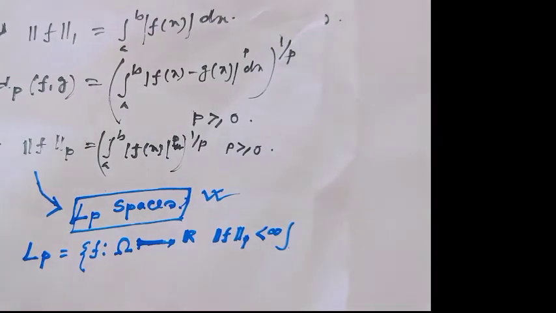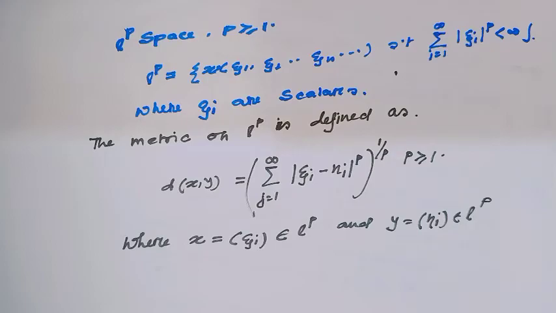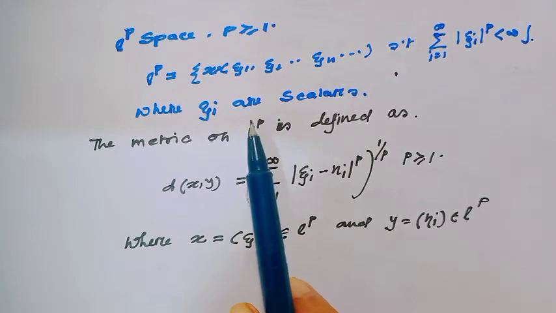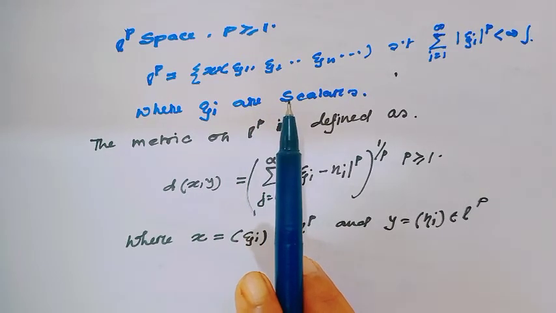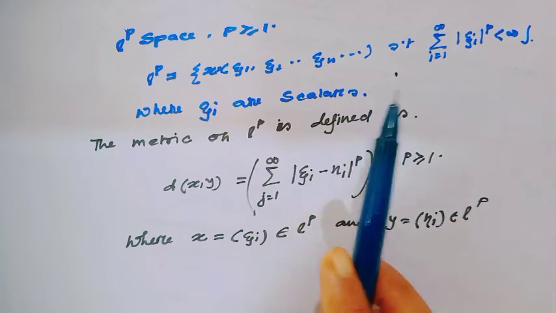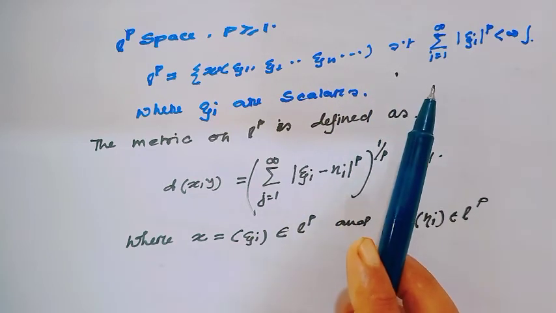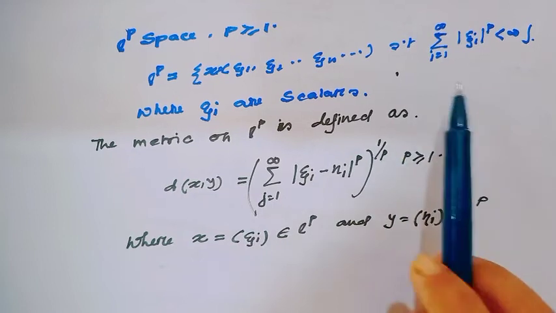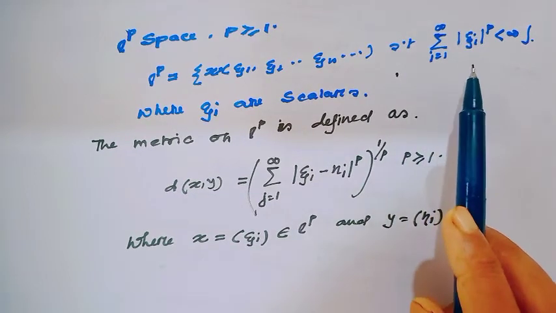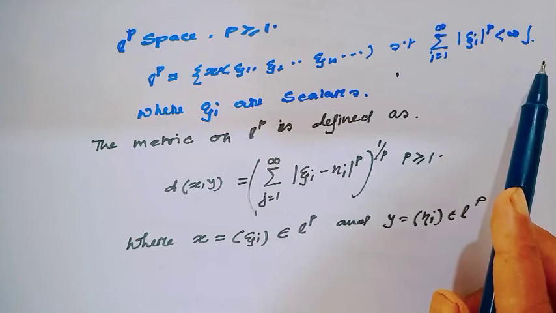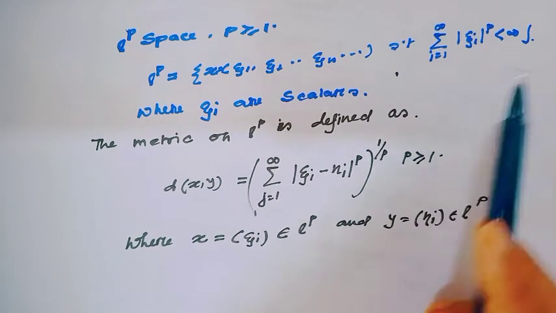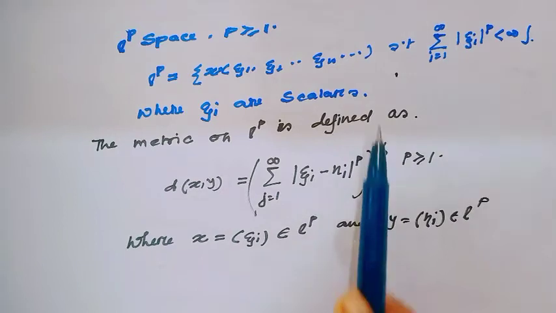Small lp is different. Now I will define a metric space on sequences. First, lp space equals the set of sequences (xi1, xi2, ..., xi_n, ...) such that the summation from i equals 1 to infinity of the absolute value of xi_i to the power p is less than infinity, where xi_i are scalars.